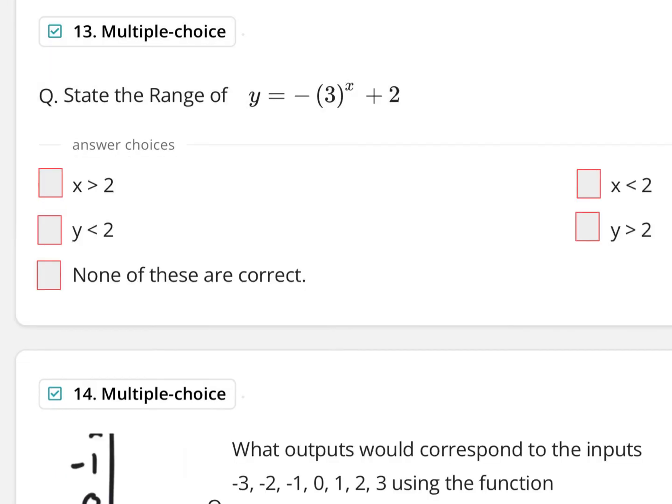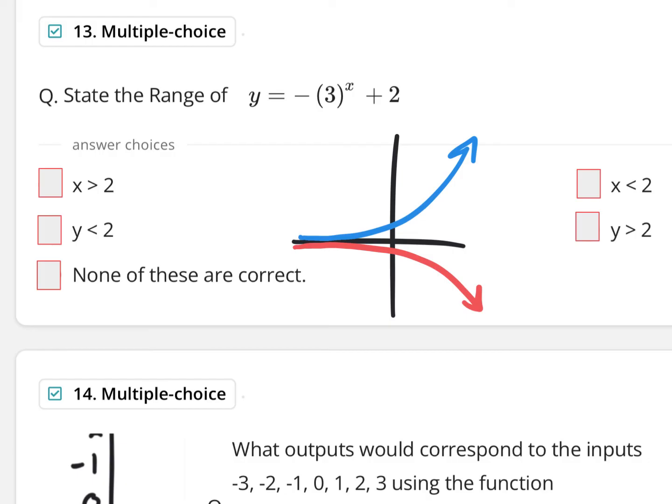I love these questions. They're pretty straightforward and easy. All you got to do is understand that this is a growth function, right? You don't even have to graph it on, I mean, you could graph it on Desmos, but you know that growth functions from left to right grow, yeah? But because it's negative, that means that it's going to get reflected over the x-axis, opening down, okay? And not only that, it doesn't have an h, so it doesn't shift left or right, but it does shift 2 up.